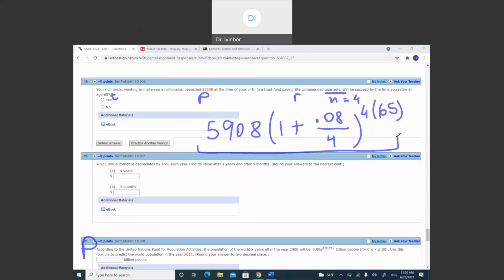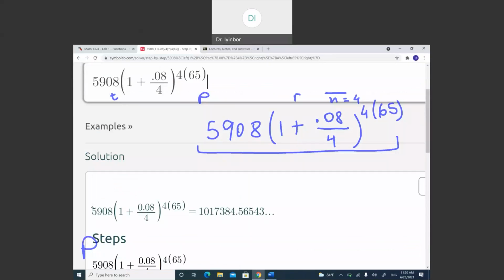So we're going to plug it in. 5908, parenthesis, 1 plus 0.08 over 4, and then exponent 4 times 65. Let's see how much you're going to have. We're not interested in rounding right now because it doesn't matter. We need to see how much that is.